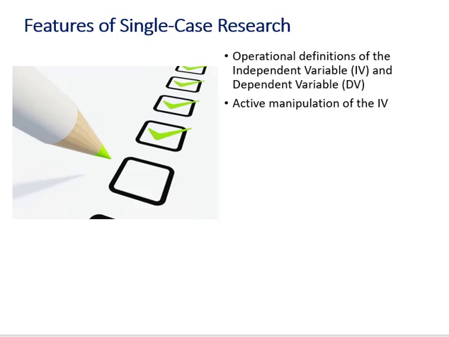Another feature of single-case research is the active manipulation of the independent variable. We, as researchers in occupational therapy, physical therapy, communication science and disorders, special education, kinesiology, social work, school psychology, and counseling psychology, take into account the needs and resources of our clients, students, or consumers when we select our independent variables.